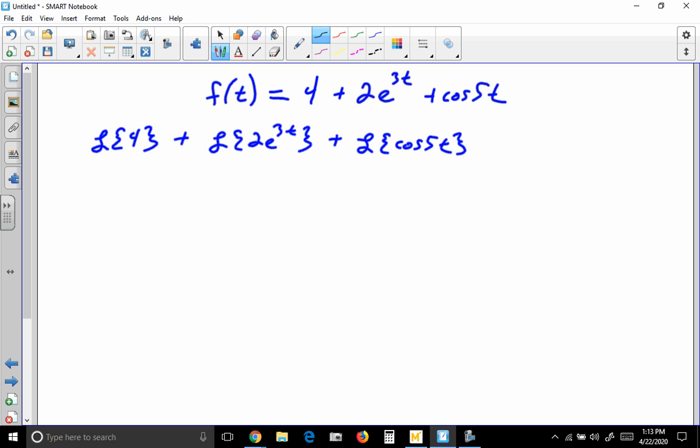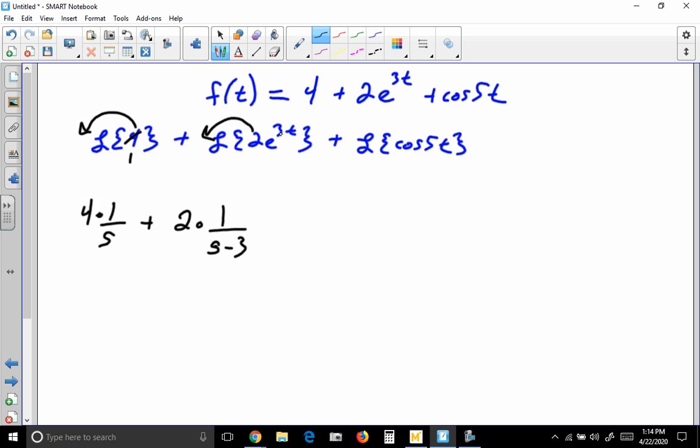4 is just a constant, so we could put it in the front, and that's equivalent to 4 times the transform of 1, which earlier we saw to be 1 over s. Here, 2 is a coefficient, so we can bring the 2 out front, and we can transform e to the 3t. So e to the 3t transforms to 1 over s minus 3.